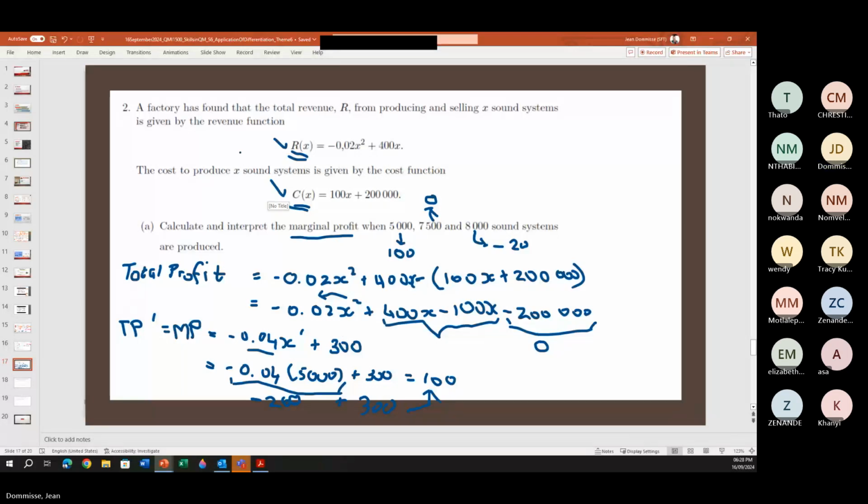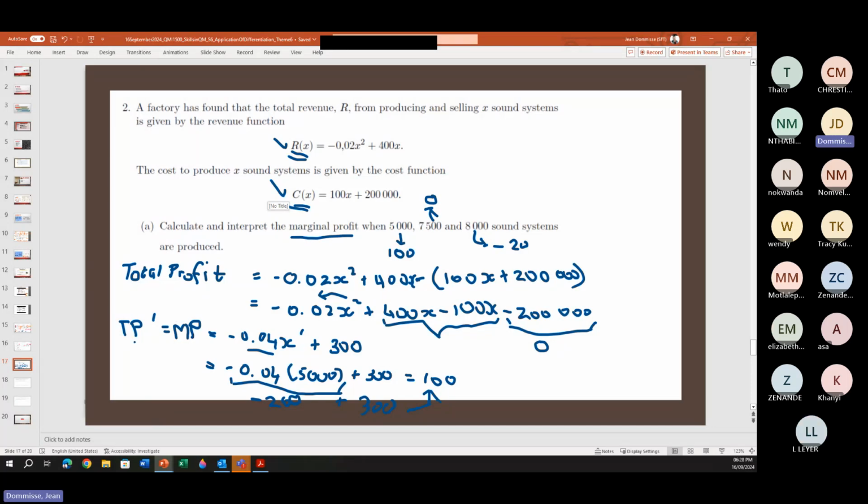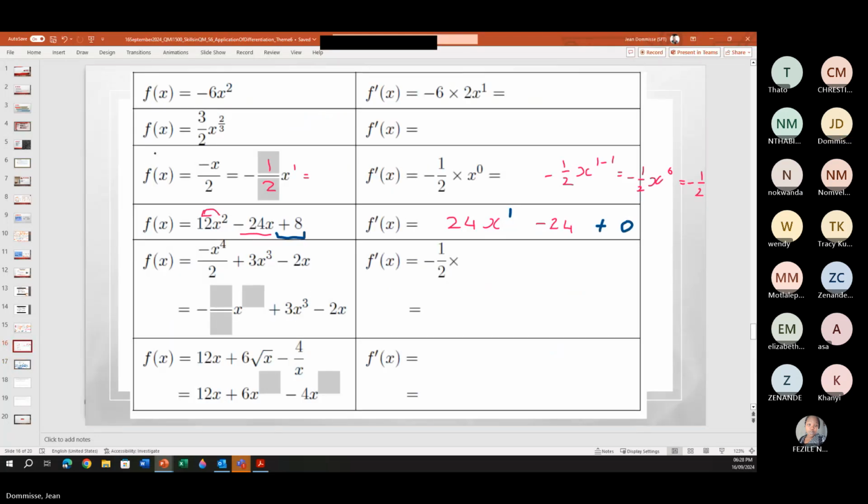So this question asks a bit different, but in actual fact, what you worked out was your first derivative. So we worked out basically what is that first derivative.